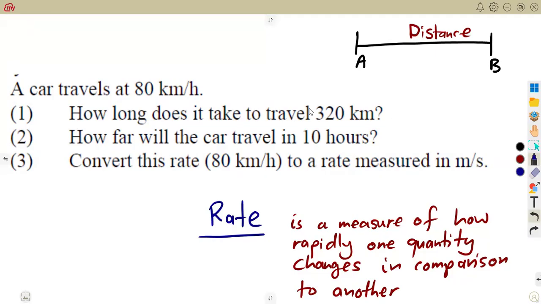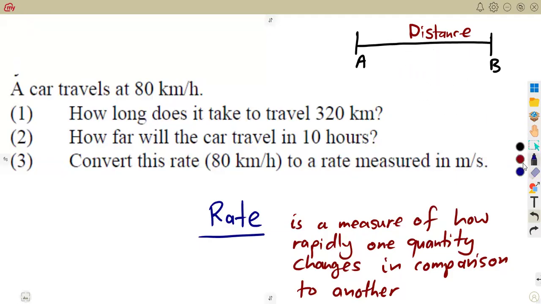But you do not just move from point A to point B. You are going to consider the time also. You are going to also consider the speed. So it is going to give us a relationship between these.